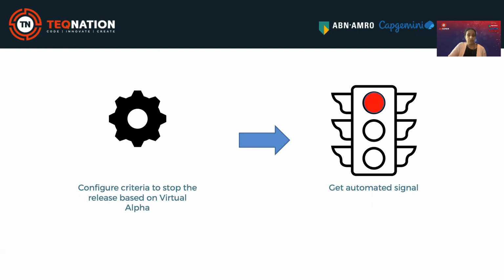But the criteria is different for different apps. While some apps might care about the number of users that are affected by the crash, even in our virtual population, some would care about the percentage of users, some would care about the hit rate. Maybe you care if the crash is new or pre-existing. Maybe you care about which part of the app it's happening in. Even if something has a very low hit rate, but it's in your most popular screen, you still don't want to release the app.